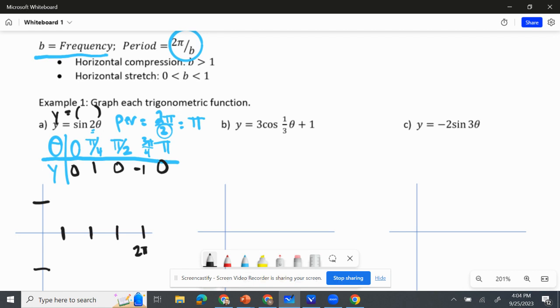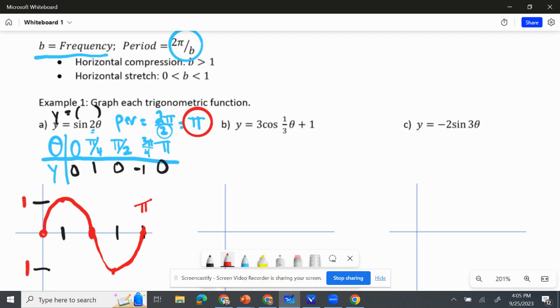So we start at 0, it goes up to 1, back to 0, down to -1, and then back to 0. So it completes the full cycle, and when I did this I got in the habit of writing 2 pi, but it should not be 2 pi, it should just be pi, because we end the full cycle at pi.